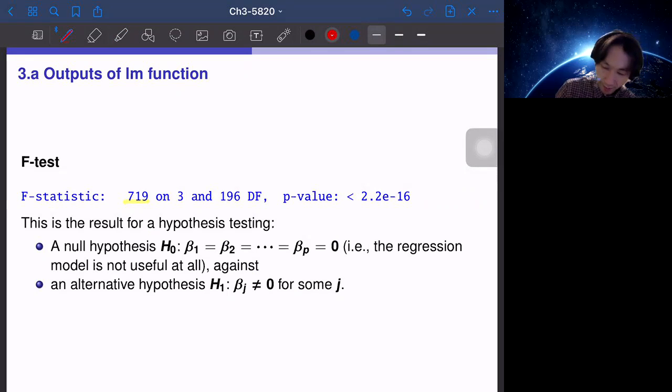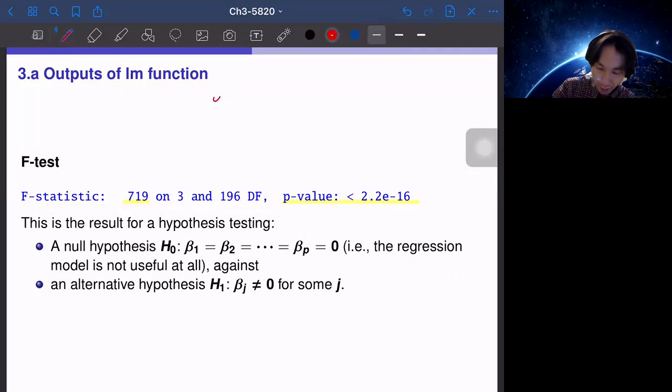This represents the overall fit of the model: in total, whether the linear model is useful to predict Y or not. And the p-value is very small, so that means it's useful.